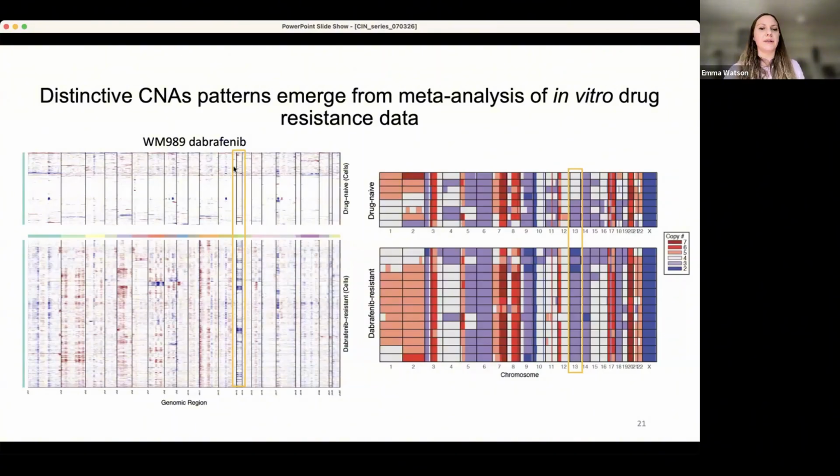So this is in CNV plots from some single cell data, looking at evolving populations under dabrafenib, which is one of the BRAF inhibitors used clinically. And here we see some DNA sequencing showing that this population of naive cells already had some pre-existent -13 clones, but these took over in the dabrafenib resistant population.